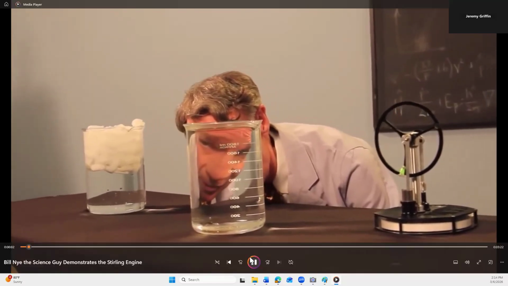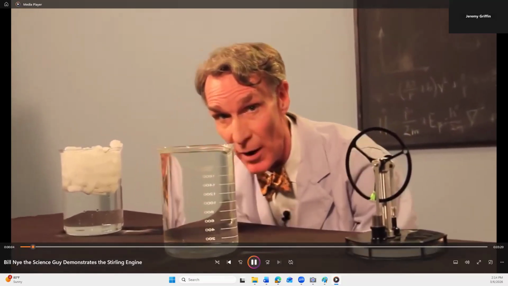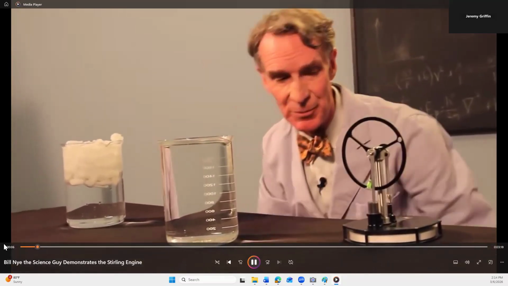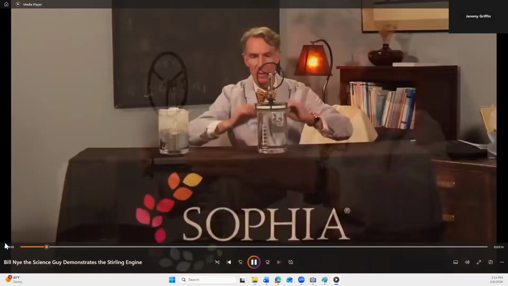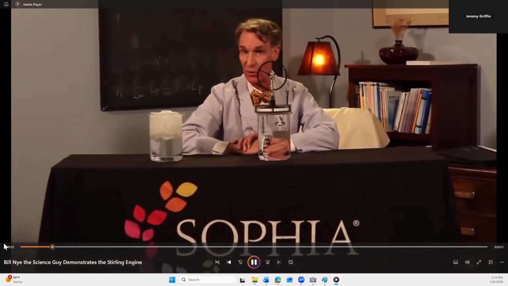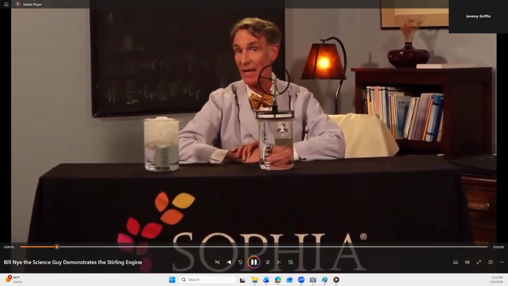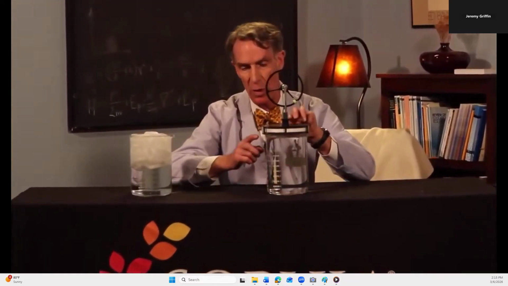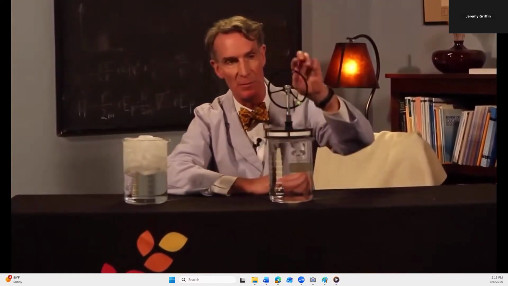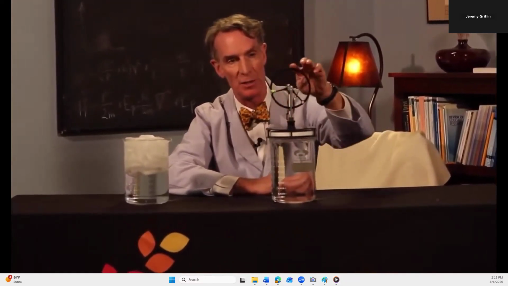Let's say this beaker full of very warm water is a source of heat. Here's a special type of engine, a Stirling engine named after the Stirling brothers who invented it, got a patent in 1807. The heat from this water is warming the bottom plate of this engine. Give it a little nudge.